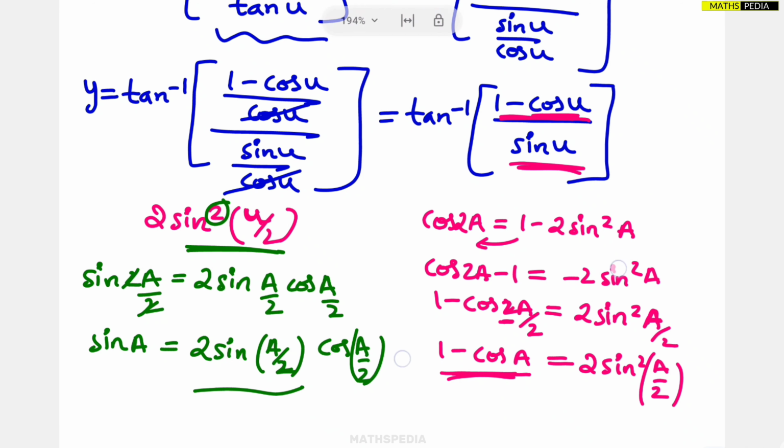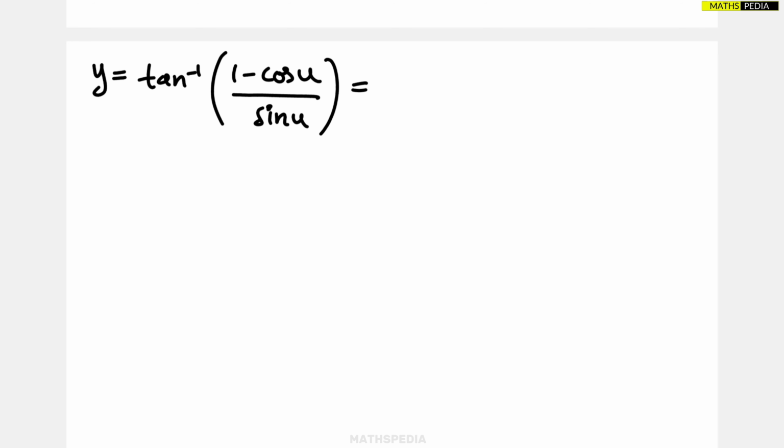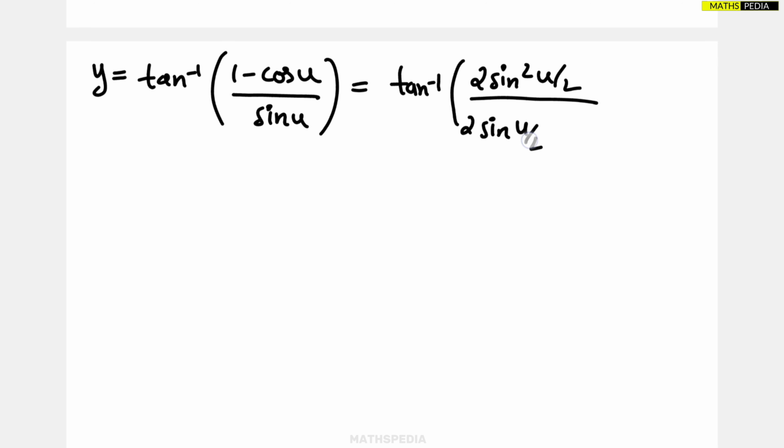So we'll now simplify it. y is equal to whatever the function was, tan inverse of (1 minus cos u) divided by sin u, that can be rewritten as tan inverse of 2 sin square u by 2 divided by 2 sin u by 2 into cos u by 2.